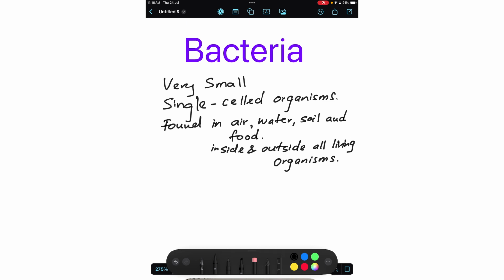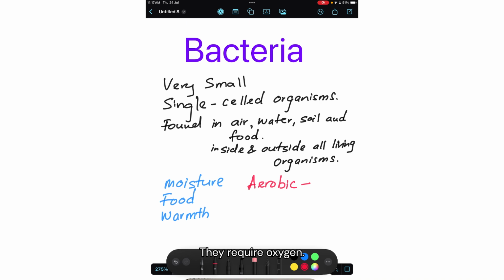What are the things that bacteria need? They require moisture, food, and warmth. Different bacteria are suited to different temperatures. Some we call aerobic bacteria. What does that mean?